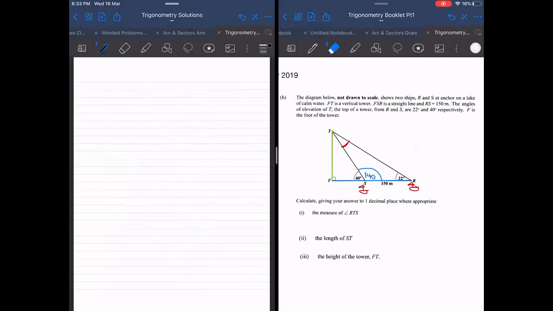You can either add them together first or you can just take them across, whichever you prefer. Point is you should get 18.